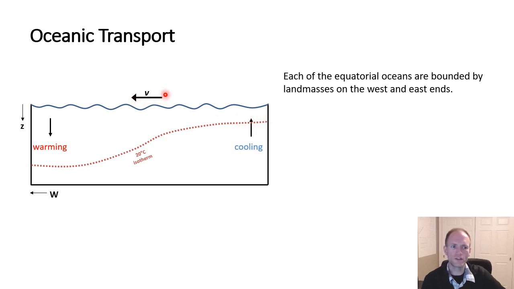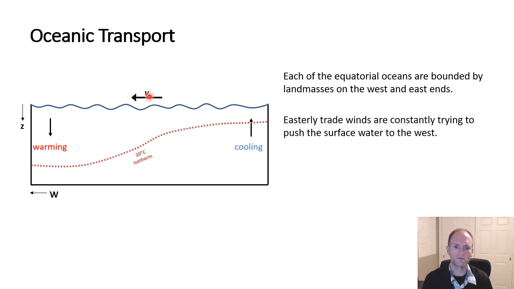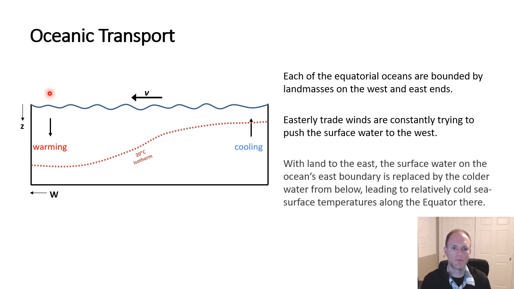And we have our easterly trade winds depicted here right at the surface of the ocean. These easterly trade winds are constantly trying to push this surface water from east to west. So it's trying to take what's there at the top and push it away from South America and push it towards Asia and the maritime continent. So with land to the east, if you push away the water at the top, there's got to be something coming in to replace it. And that is generally coming in from below, what we call upwelling.